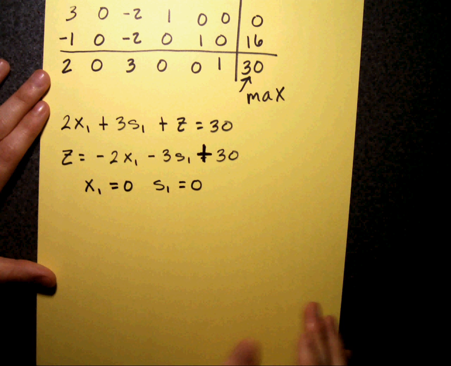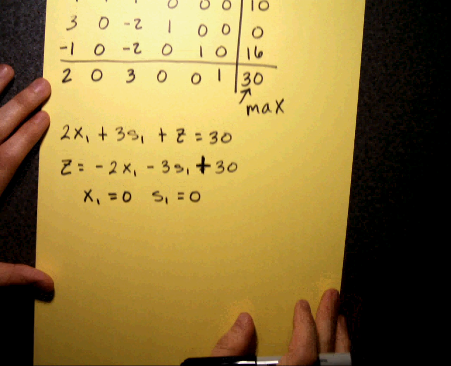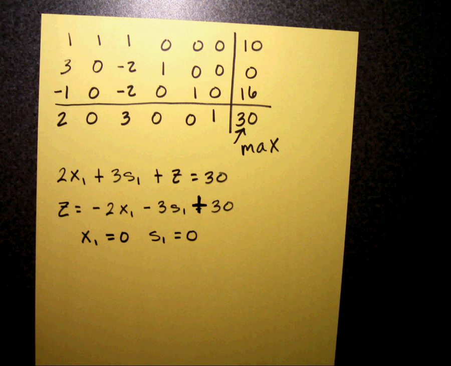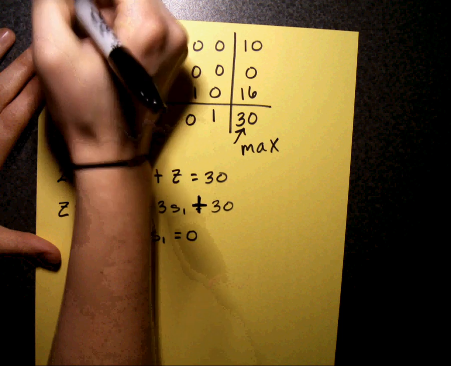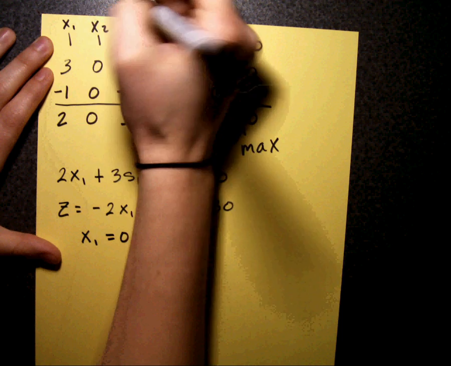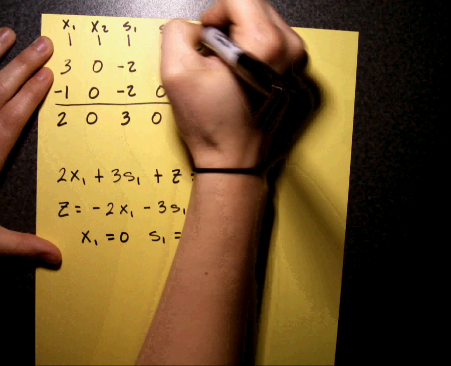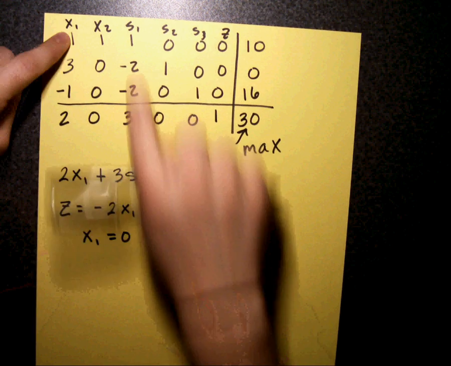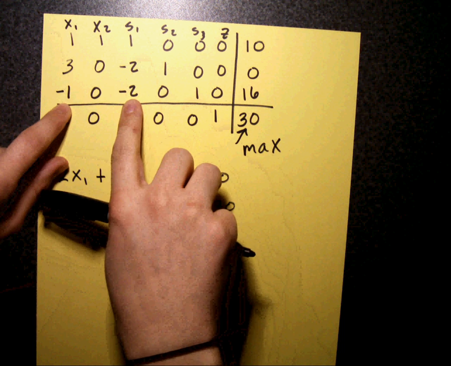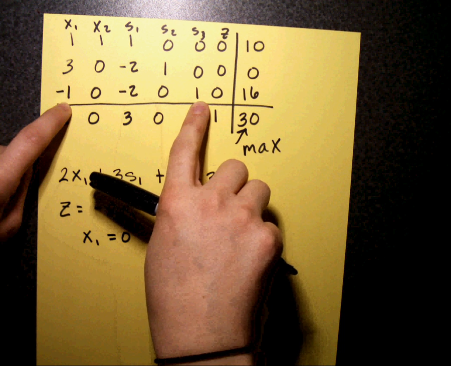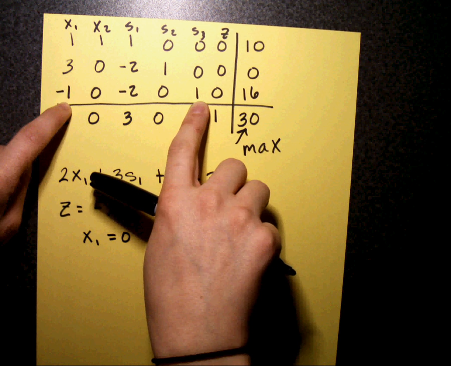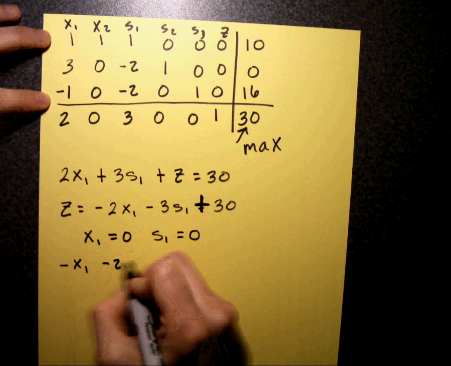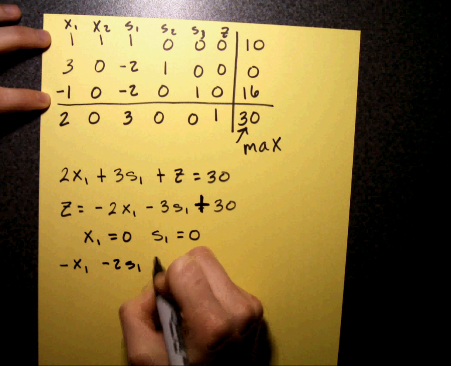And so now we'll use those values, work our way back up through the table to figure out what the other variables are. So remember, this is x sub 1, x sub 2, s sub 1, s sub 2, s sub 3, and z. I know x sub 1 and s sub 1 are 0, so we can simply solve this third row to figure out what s sub 3 is. So I have negative x sub 1 minus 2s sub 1 plus s sub 3 is equal to 16.